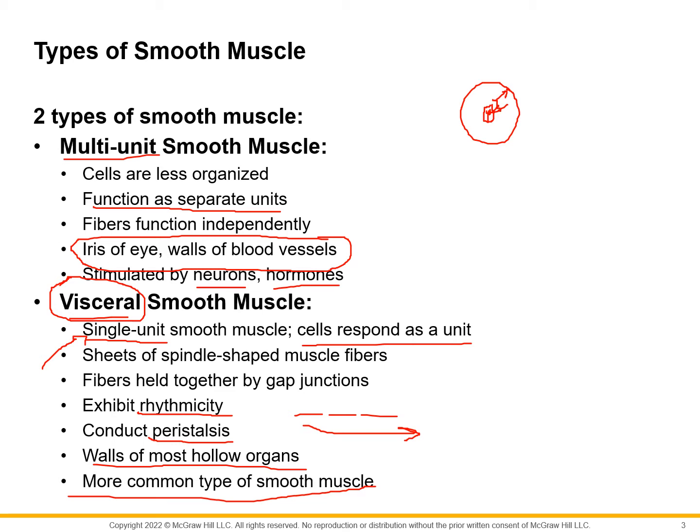And so multi-unit smooth muscle responds quickly, where visceral smooth muscle responds slowly. With multi-unit, each cell acts on its own, where visceral is called single unit. That means that all of them act as one. So I hope that helps. And again, anything where I have multiple cells acting as one, there's going to be gap junctions, because this allows the cells to have the same stuff pass through from one cell to the other.